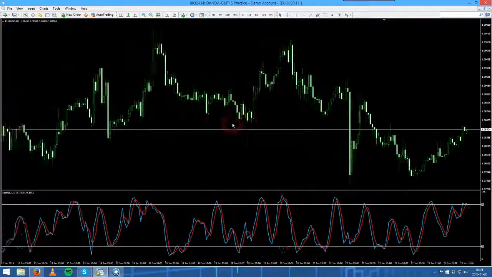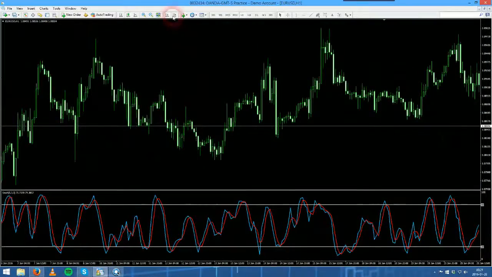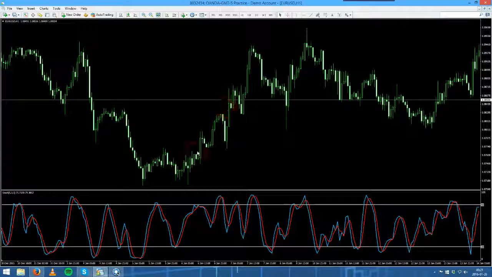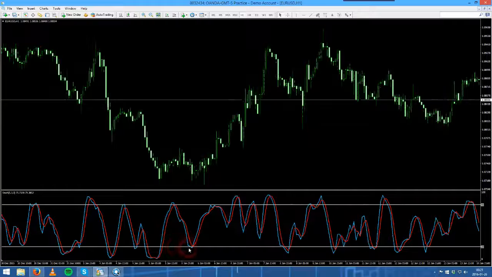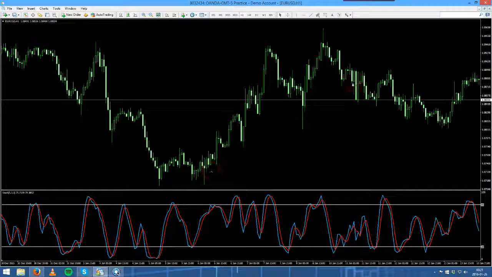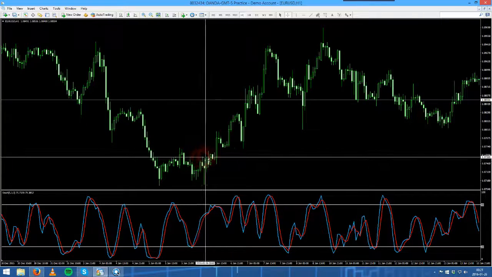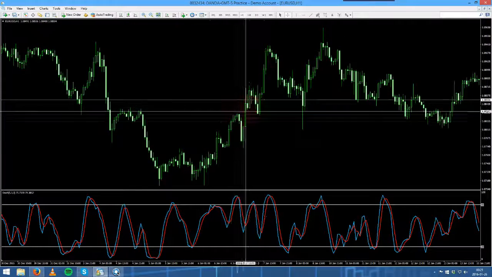So the same goes with the uptrend. If you would scroll back, here you see that we had an oversold area. Look at the stochastic here, touching the 20 level, was oversold, the candles came down, made a low, and the trend then reversed, and the candles started going up instead.